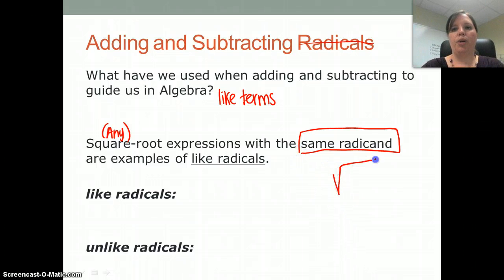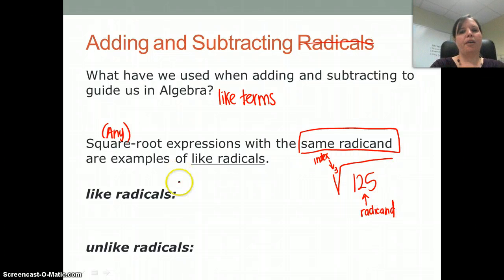If you remember with your square root, the little number out front that tells you which root we're taking is the index. The number on the inside of the root is the radicand.